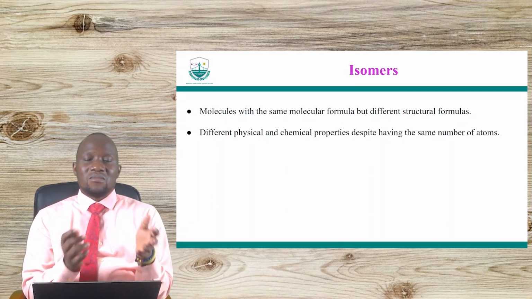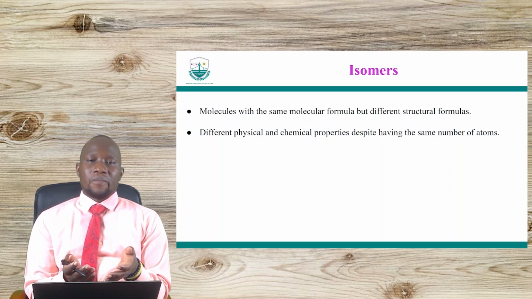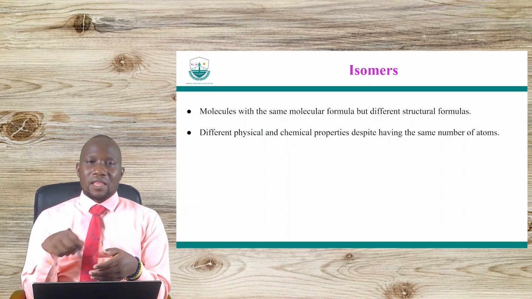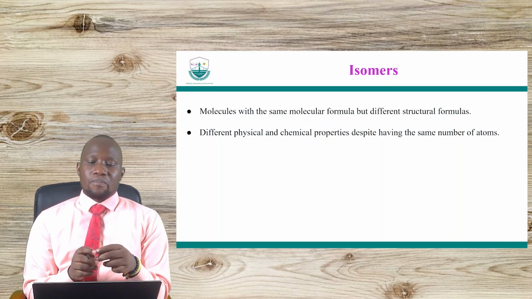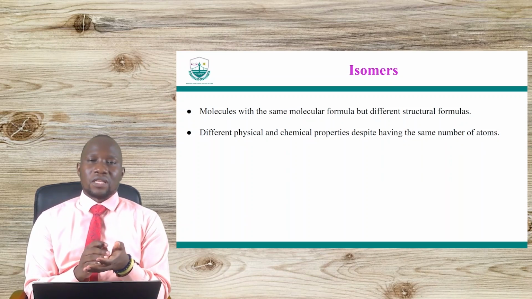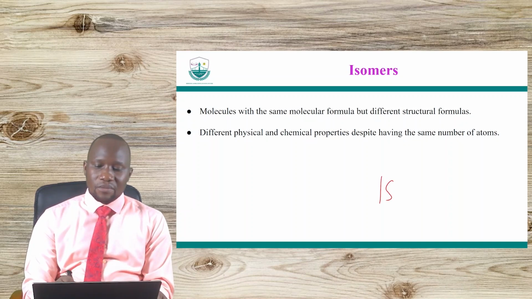You have the same molecular formula, that is the same number of atoms that make up that organic compound, but where they are placed is what makes them different. So the way it looks is not the same. That is what you call an isomer. The concept is called isomerism.